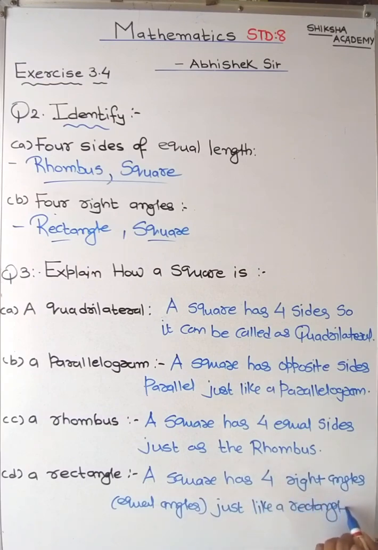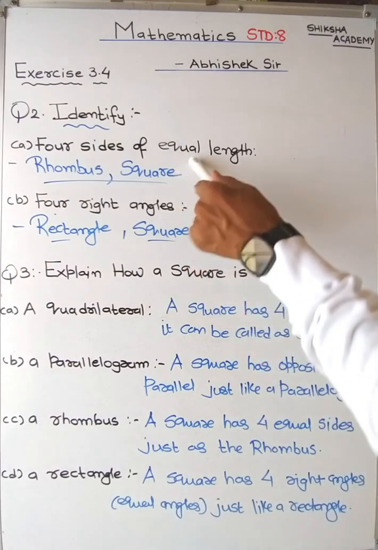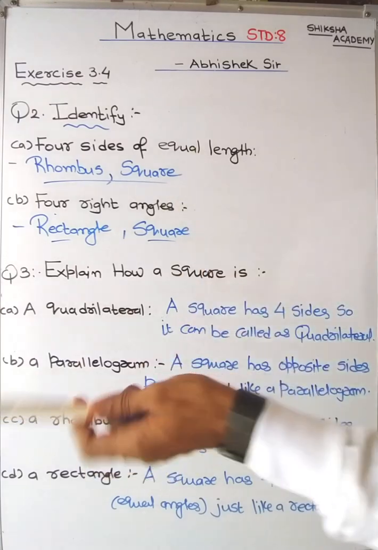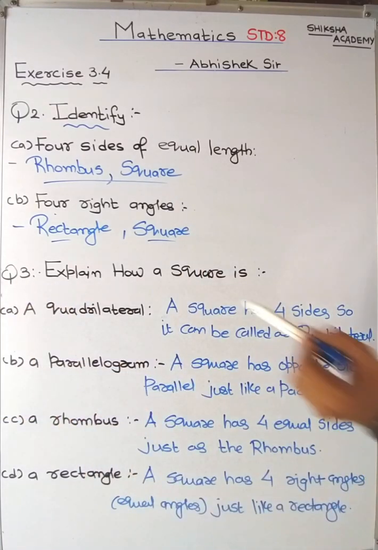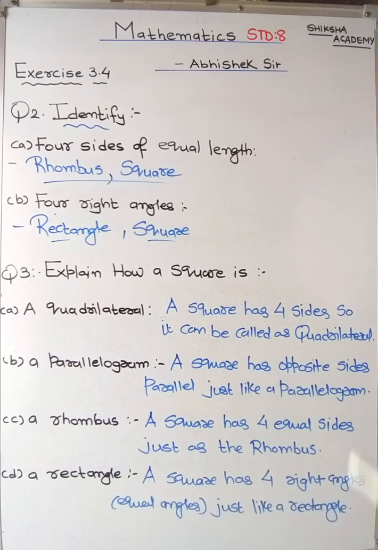So that is why a square can always be called a rectangle. So here without reason we were writing the answer in question 2, and here with reason we have to explain how a square is a quadrilateral, parallelogram, rhombus or rectangle.